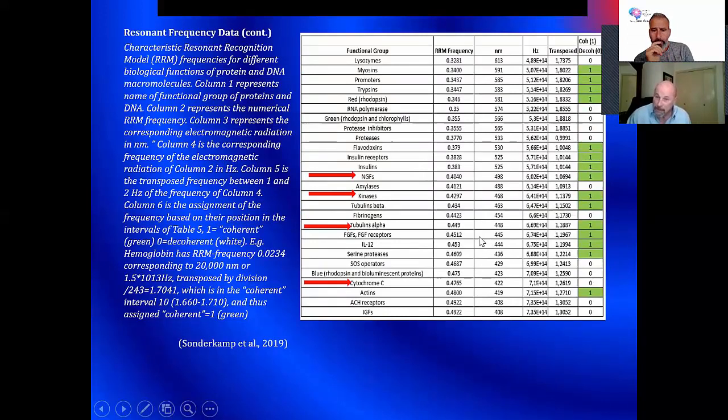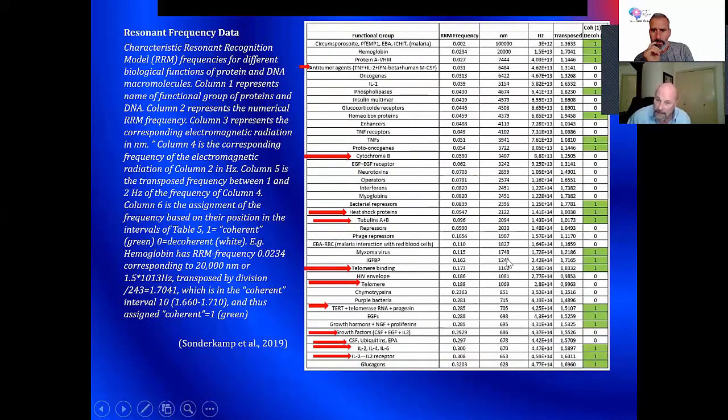There's 851. That's basically 3.52 times 10 to the 14th, or 352 terahertz. We know 810 is around 370 terahertz.